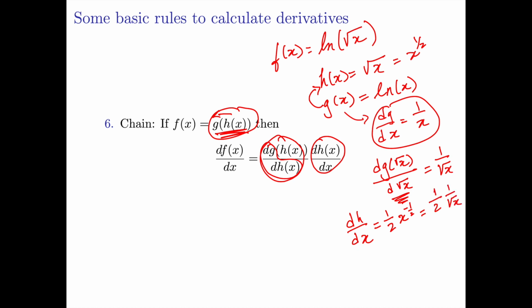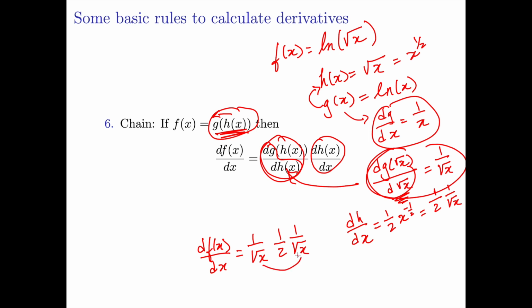Putting this together, using the chain rule, we get df dx is this thing, 1 over square root of x, times the derivative of h with respect to x, which we saw is 1/2 times 1 over square root of x. We've got two square roots, multiply those together, we get x, so we get 1 over 2x.